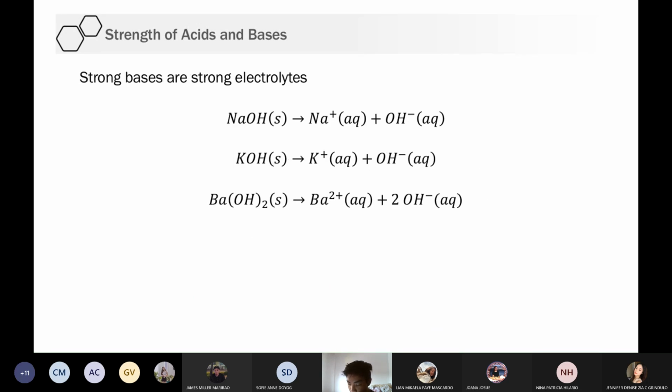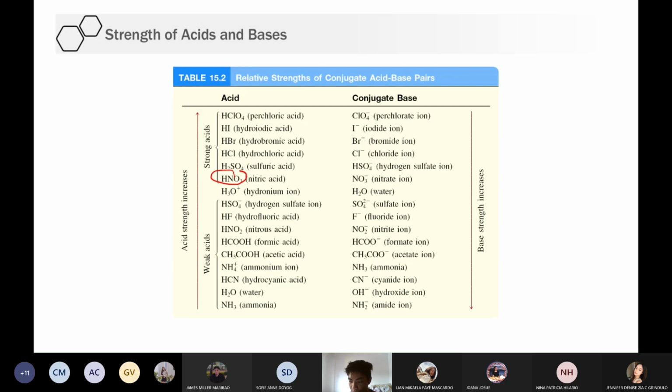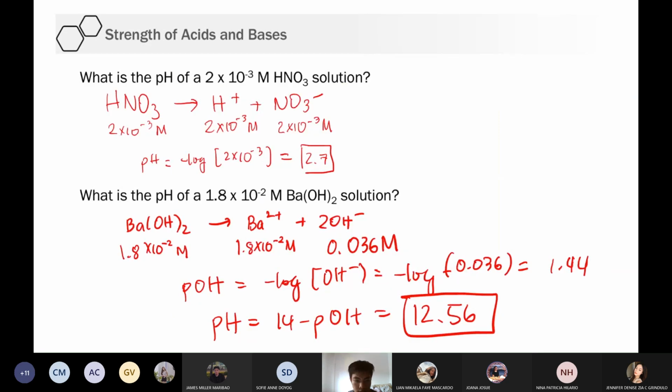Pwede ilista nyo yan. Huwag nyo na kabisaduhin syempre, although over time, makakabisado nyo rin yan. Pero pag hindi pa kabisado, okay lang. Lista nyo na lang sa notes nyo yan. So again, the concentration of H plus and OH minus for strong acids and strong bases can be obtained directly using stoichiometry.